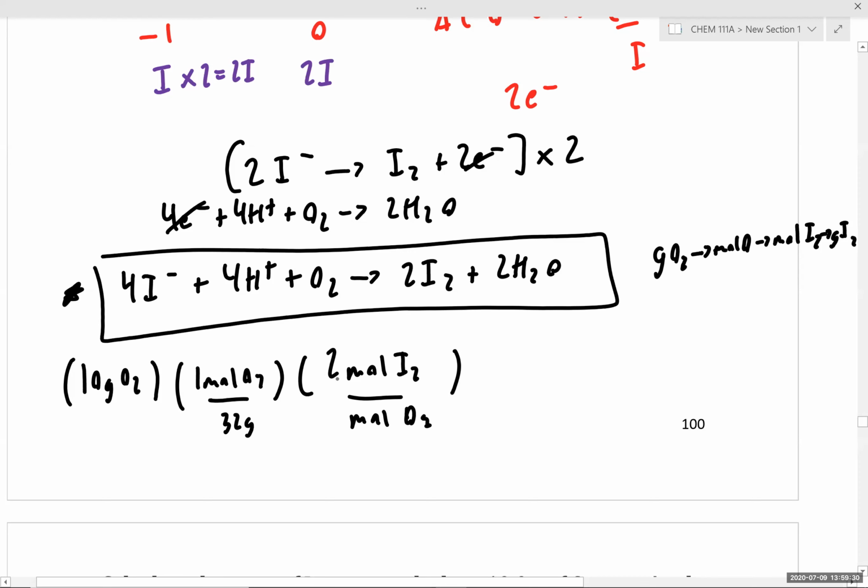Two to 1, that's exactly right. We have 2 moles of iodine generated per mole of oxygen that reacts. And how many grams of iodine do we have per mole of iodine?